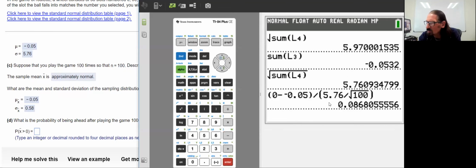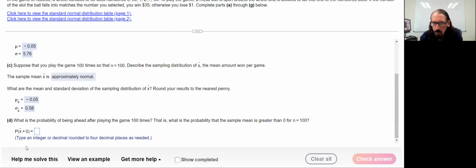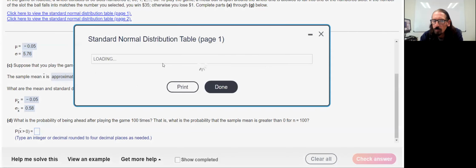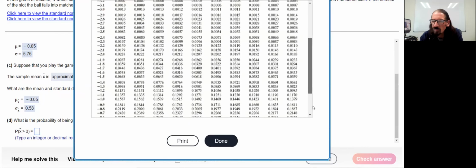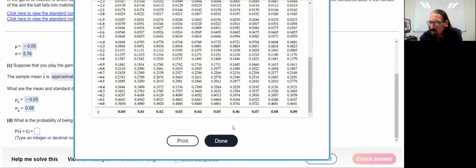That z-score will round to 0.09. Apply symmetry, look up negative 0.09, because the table is set up for z greater than positive 0.09. If I apply symmetry, that would equal the probability that z is less than negative 0.09. It's going to be in the last column. 0.4641.